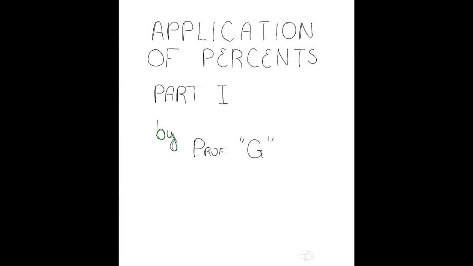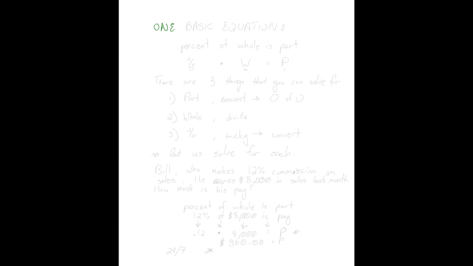And so what I'd like to do is start talking about the one basic equation that's going to govern all of what we do, even in part 2. And that basic equation is: the percent of the whole is the part.